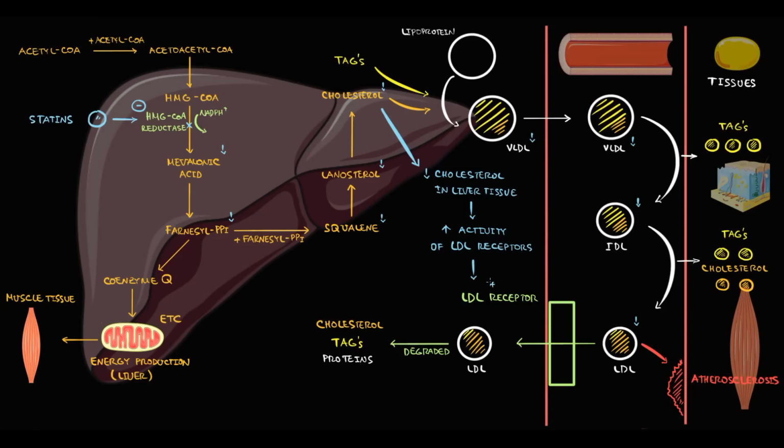And the higher the activity of LDL receptors, the higher the uptake of LDL particles from the blood. The final result of this compensatory response is decrease in the amount of LDL particles in the blood, and at the same time, increase in amount of cholesterol molecules inside the liver tissue. And because LDL particles cause atherosclerosis, with decrease in concentration of LDL particles, the rate of atherosclerosis progression decreases.